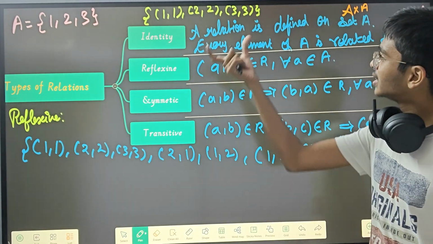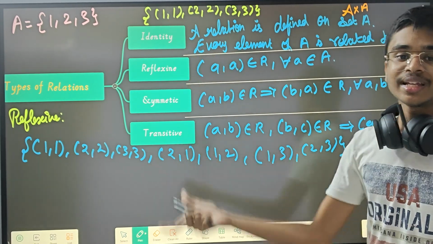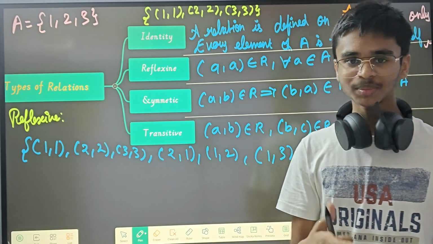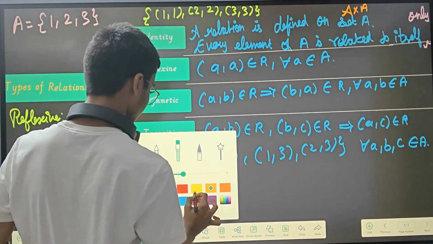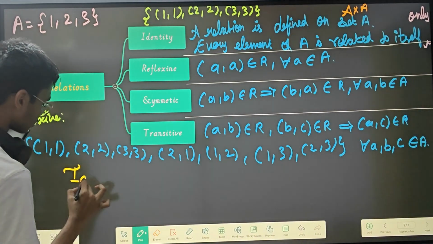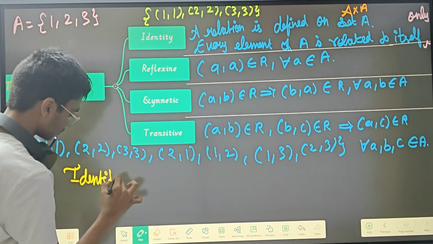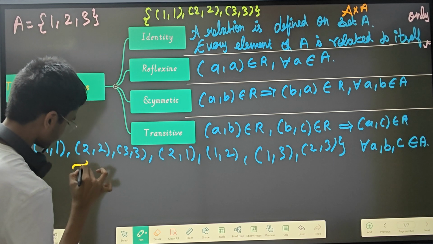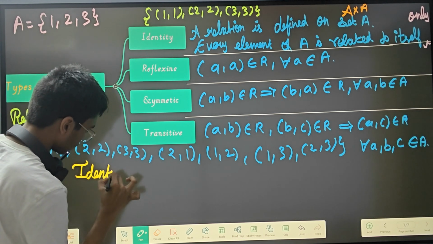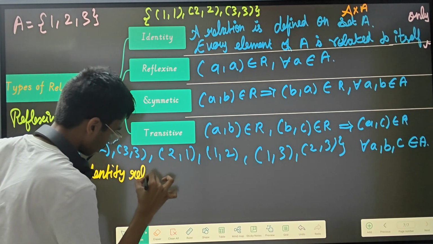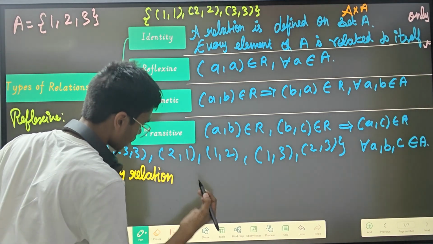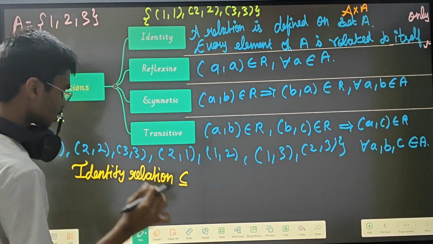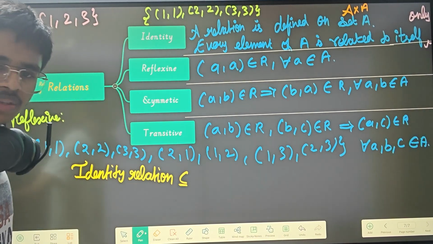That means the identity relation is going to be a subset of the reflexive relation.